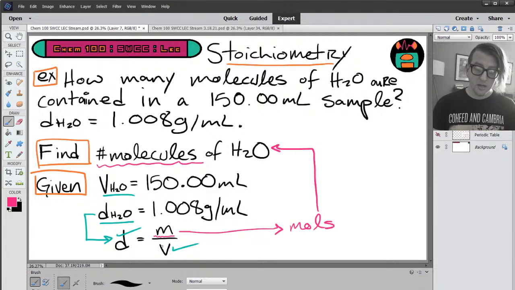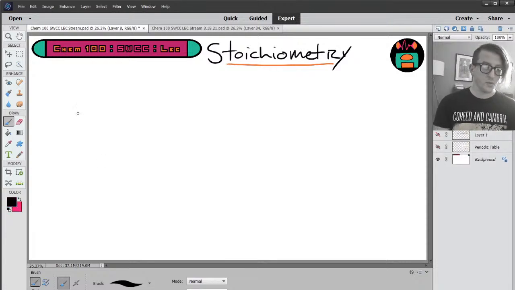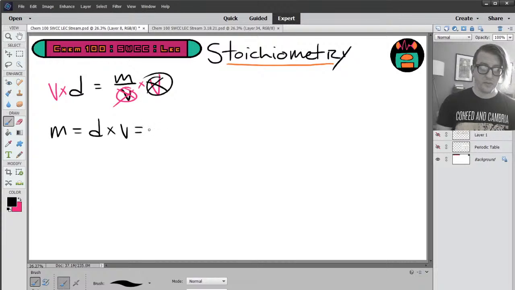All right, so that is a roadmap forward. That is how we're going to attack this problem. Step number one, we need to do some algebra to find the mass of our sample of water in grams. So density is equal to mass over volume. We need to solve for mass by multiplying both sides of this equation by volume. So we get a new expression. The mass of our sample of water is equal to its density times its volume, and we know both of these quantities.